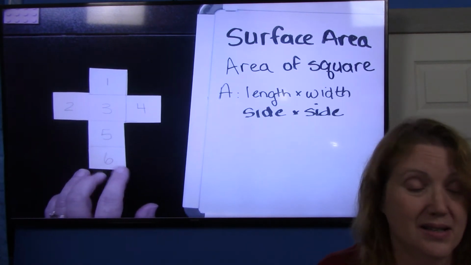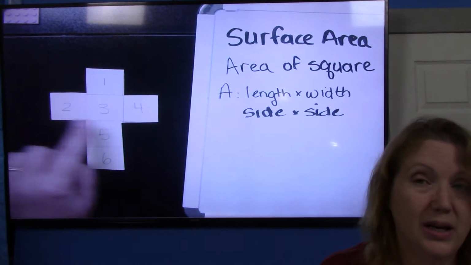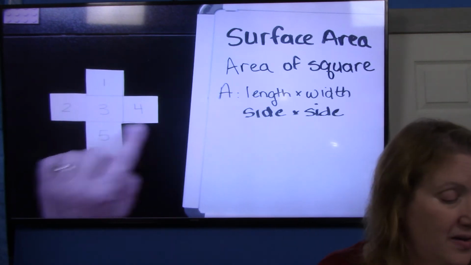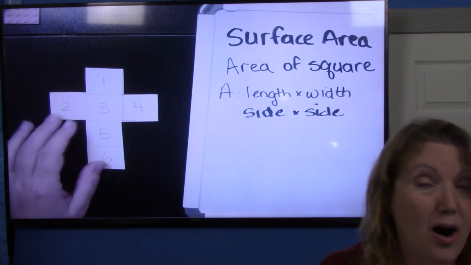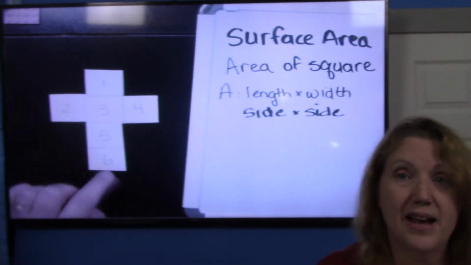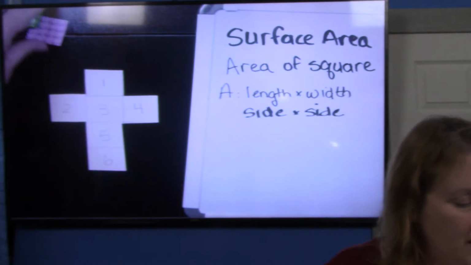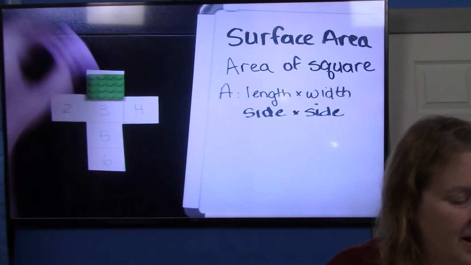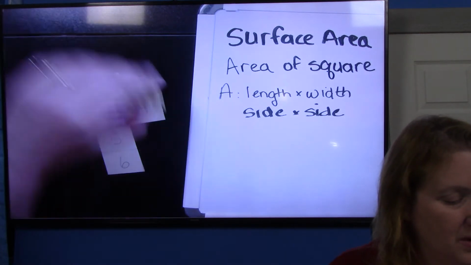And I count my sides. I have 1, 2, 3, 4, 5, 6 sides. We can see that. Now, all of these are squares, and they're all the same. And to illustrate that a little bit better, I've pulled out some of my Legos so that I can show you that this is just made up of 6 squares.